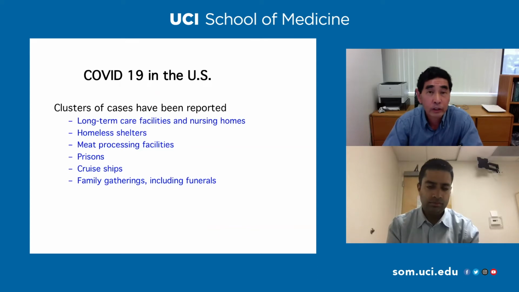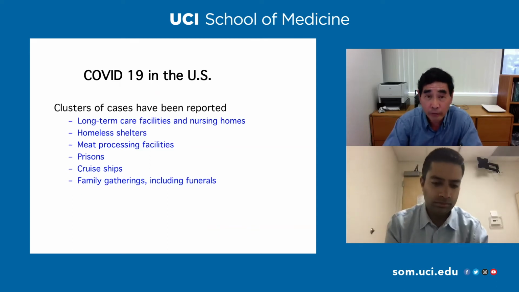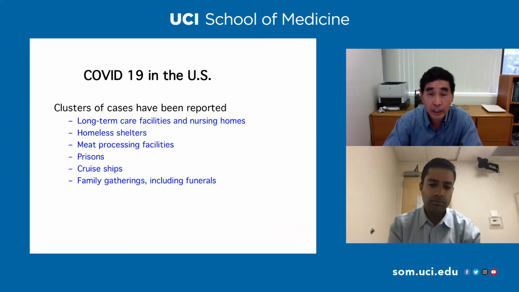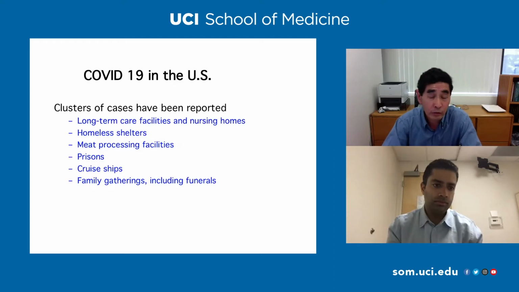If we think of the cases in the US, there are cases everywhere, but there have been clusters of cases, which are important for knowing where the risk of transmission is great. And so this has involved long-term care facilities and nursing homes. As I'll point out, older people are at greater risk for infection and severe cases. Also homeless shelters, meat processing facilities, other workplaces where people are in close contact with others, prisons, and cruise ships.